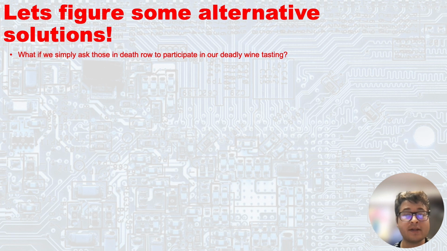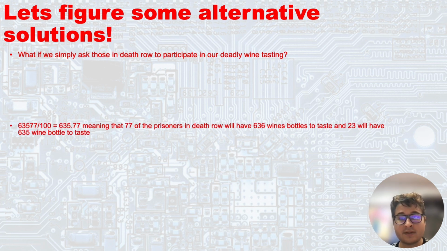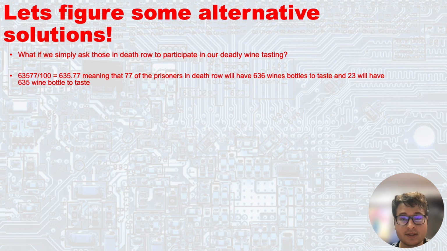So for instance, we could divide this by 100, which means that 63,577 mod 100 is 77, okay? Now, what does this mean? It means that we're gonna have a certain number of inmates that are gonna drink only 635 wine bottles, and a number of inmates that will drink 636 wine bottles.